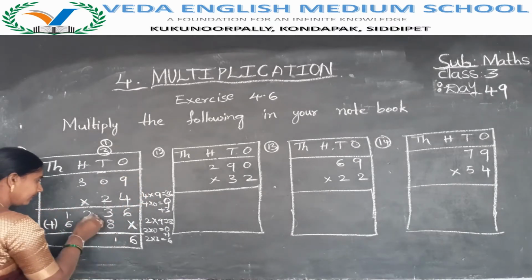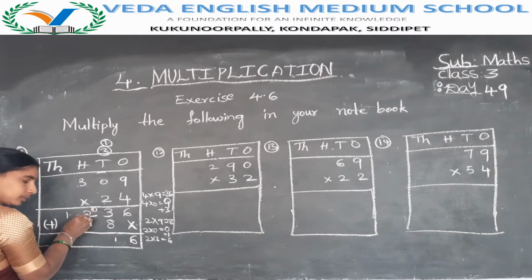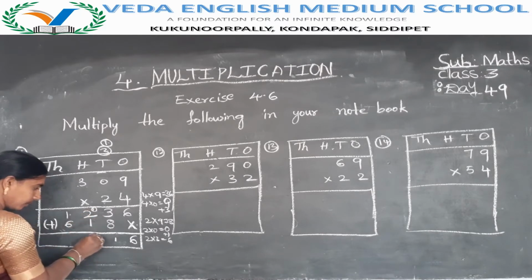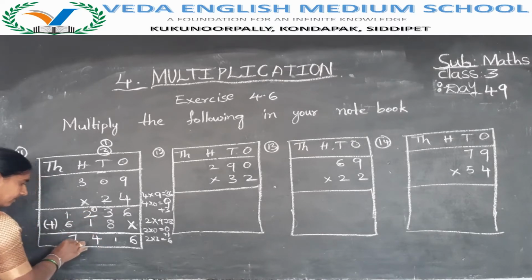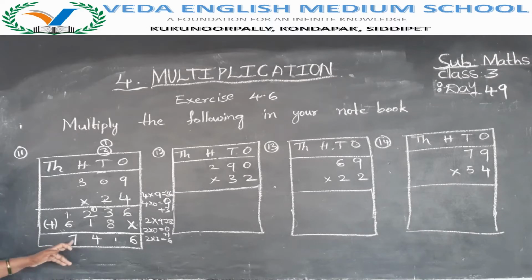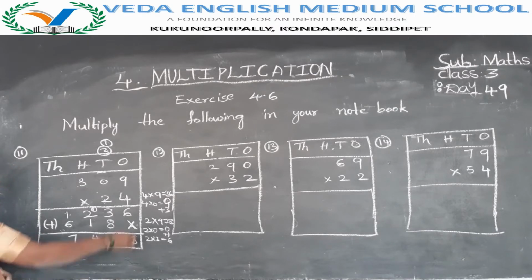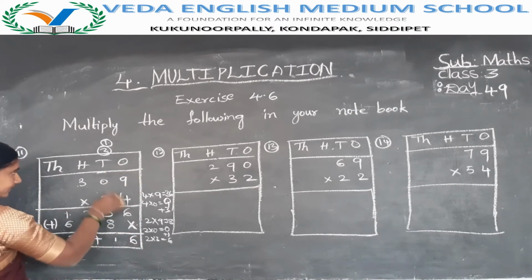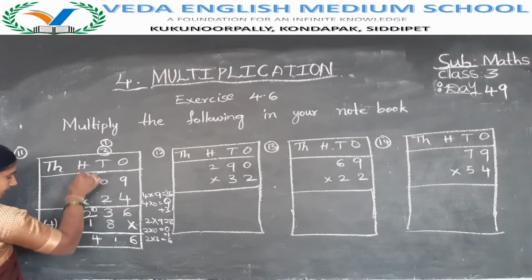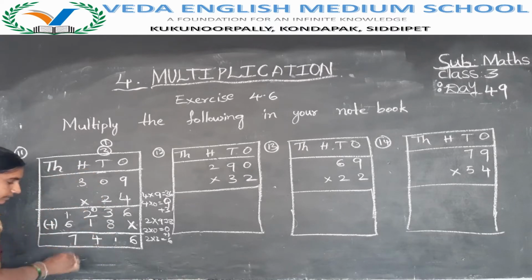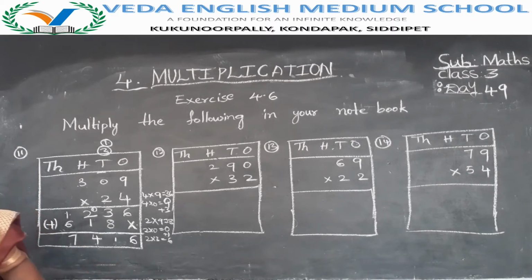So write 1 and carry 1. 1 plus 2 is 3, 3 plus 1 is 4. 1 plus 6 is 7. So the total answer is 7,416. Ones 6, tens 1, hundreds 4, thousands 7. So the answer is 7,416. Okay children.